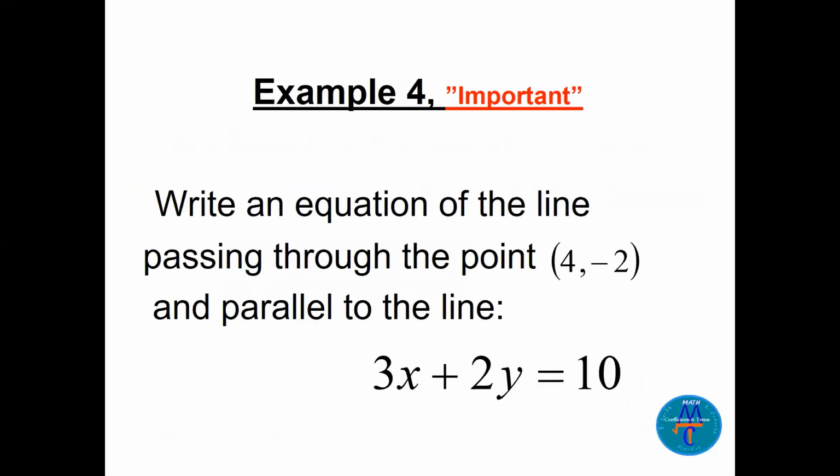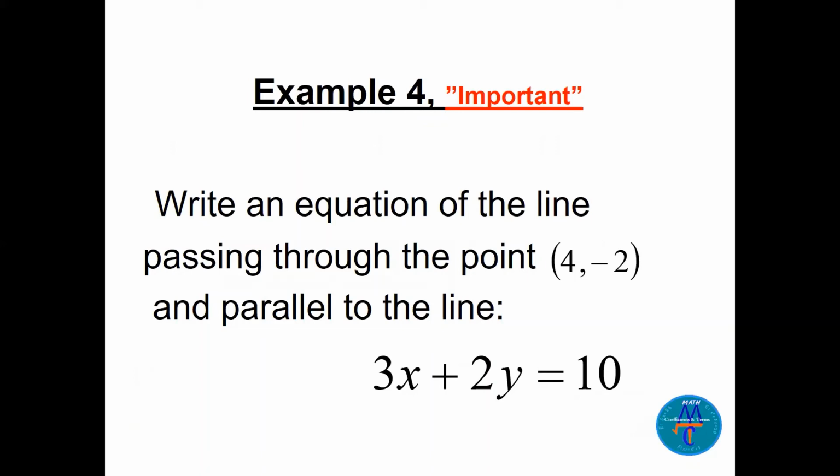Now, this is an important question. Write an equation of the line passing through the point (4, minus 2). Just imagine there is a line, only one point I gave you, (4, minus 2) on that line. It is on the line, passing through.